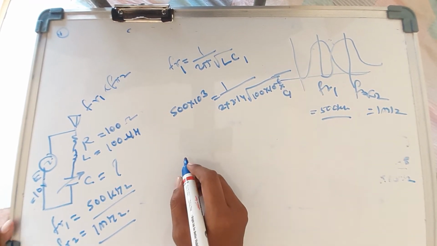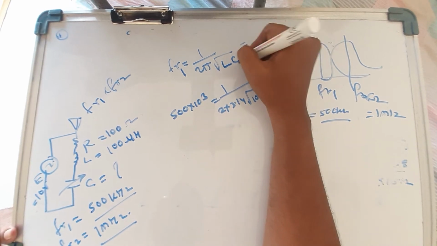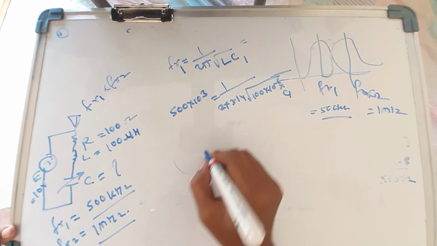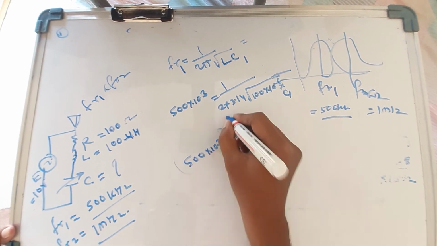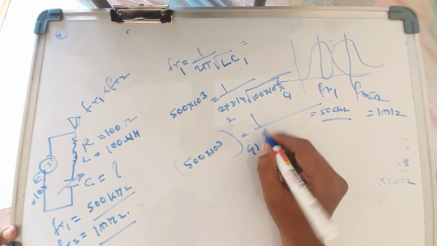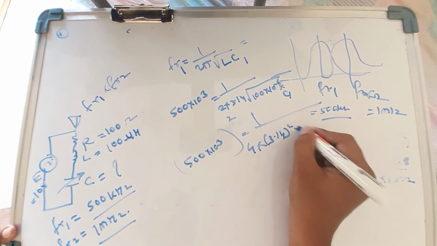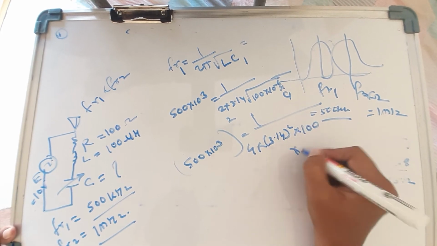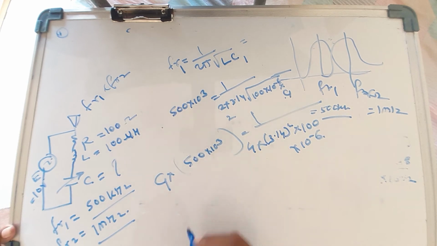Taking square root on both sides, we have (500 into 10 raised to 3) square equal to 1 upon 4 into 3.14 square into 100 into 10 raised to minus 6 into C1.